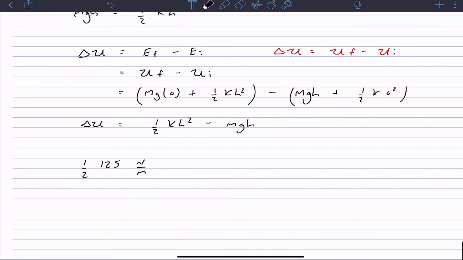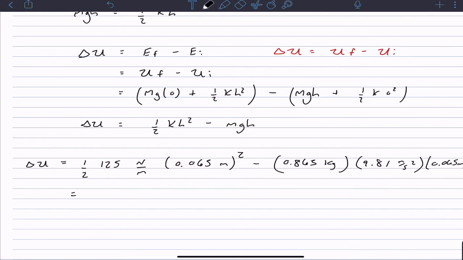H is 0.065 meters, that's squared, minus mass. What was it again? Mass is 0.865 kilograms times the gravitational constant times 0.065 meters. Okay, so I'm going to plug all that into the calculator and see what we get.